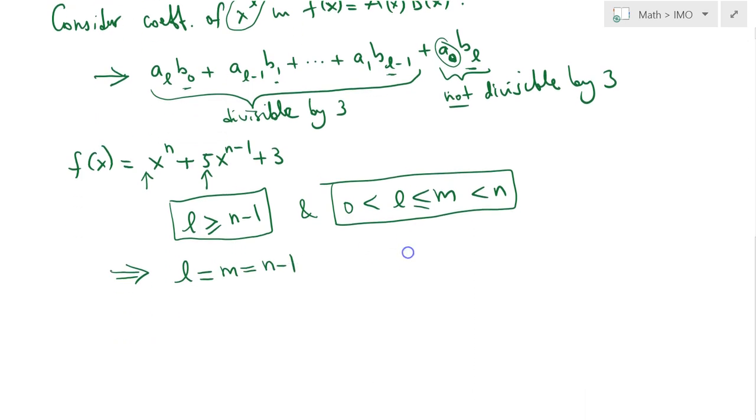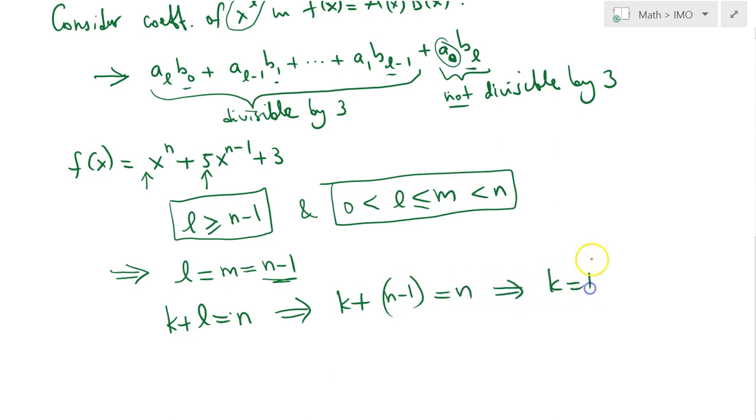But if that's the case, then recall that k plus L was equal to n, and L is just n minus 1, so k plus n minus 1 is equal to n, implying that k has to be equal to 1.